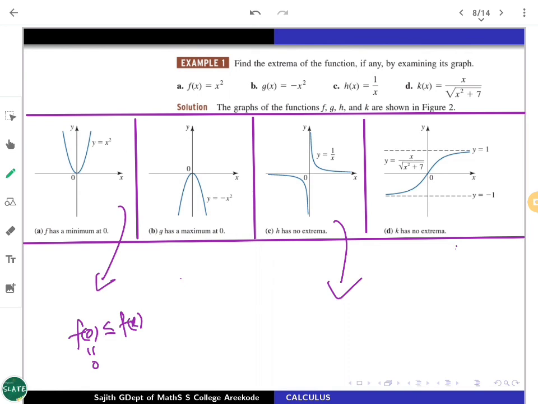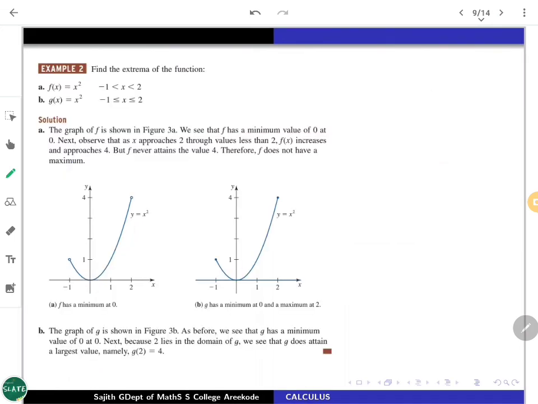So these notions will help us to understand the behavior, or exactly what the notion of extrema is. Before further theory, let us look at one more example, which is f of x and g of x, the same function x square, but in the first case it is on the open bounded interval from -1 to 2, both excluded. g is the same function x square, but now the domain includes -1 and 2.